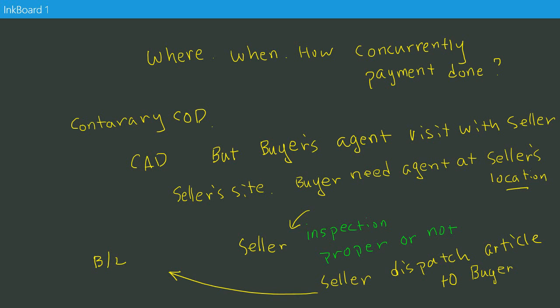This is what we call the shipping document. Then bring this to the buyer's agent and exchange money.